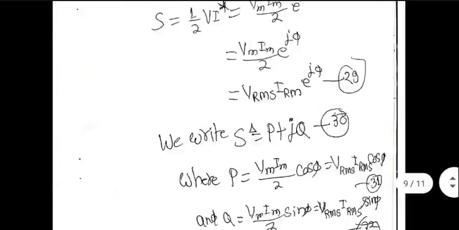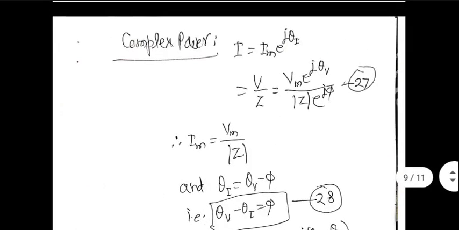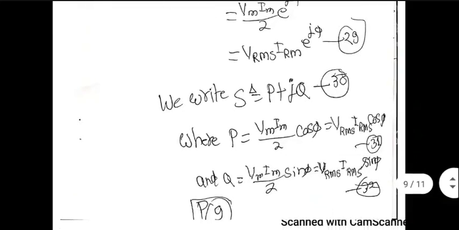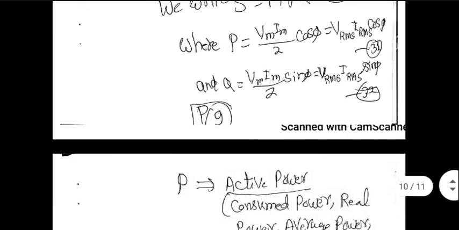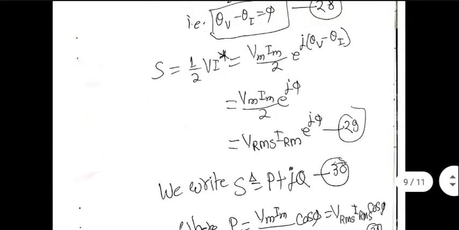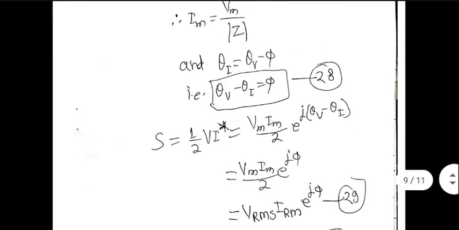So now try to look at the complex power. Half V into I complex conjugate here. Half Vm e to the power j theta V multiplied by half Im e to the power minus j theta I. Right?